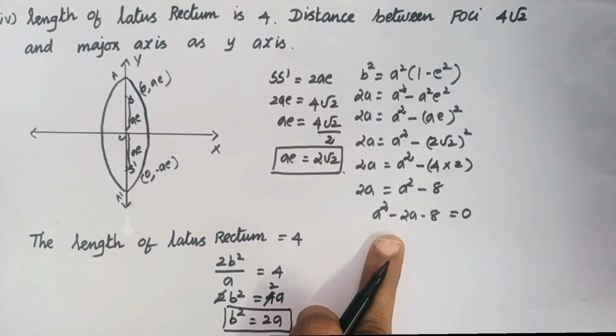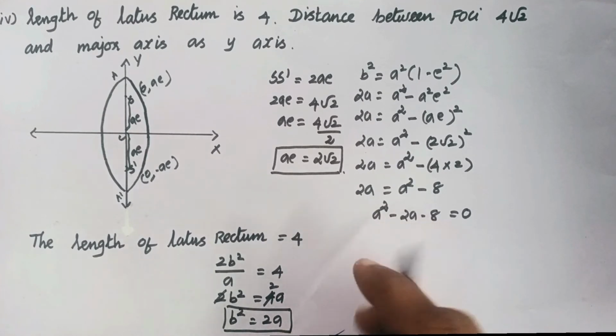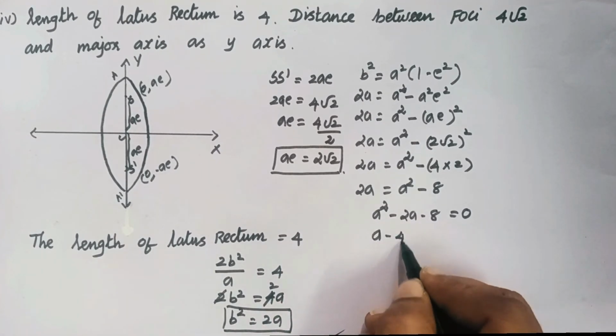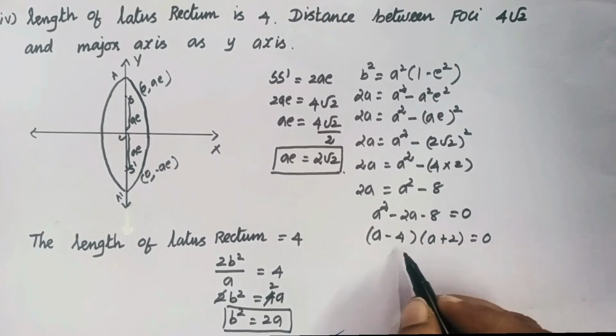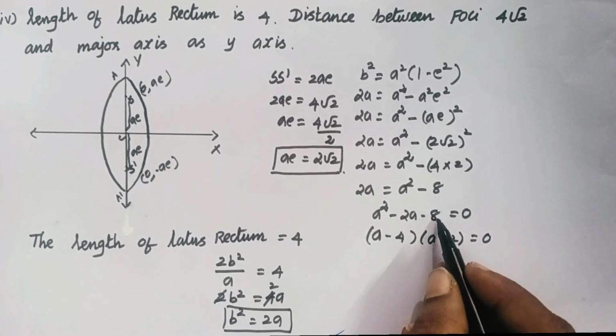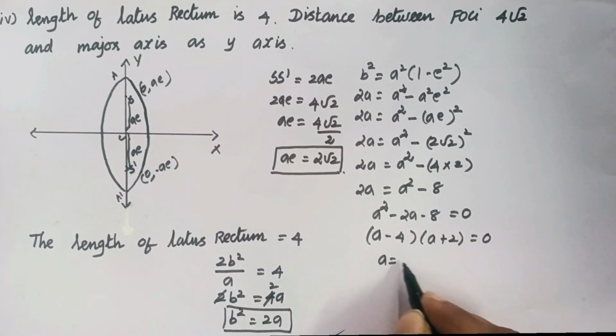This is a quadratic equation with product minus 8 and sum minus 2. If you factorize, you get a minus 4 into a plus 2 equals 0. You multiply minus 4 into plus 2, you get minus 8. Minus 4 plus 2, you get minus 2. So a value is 4 and a value is minus 2. The negative value you should not write.